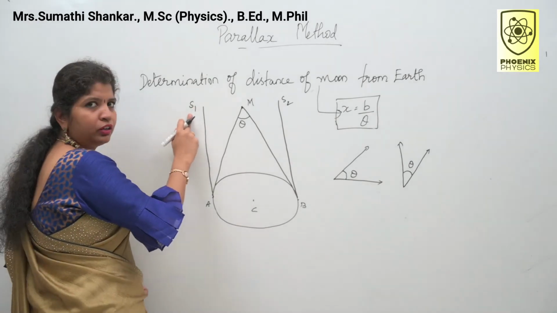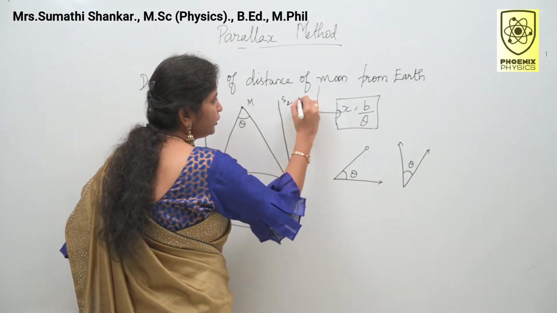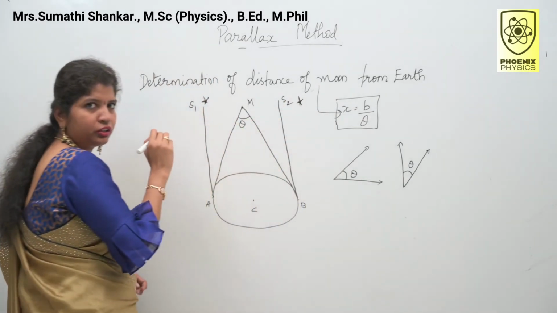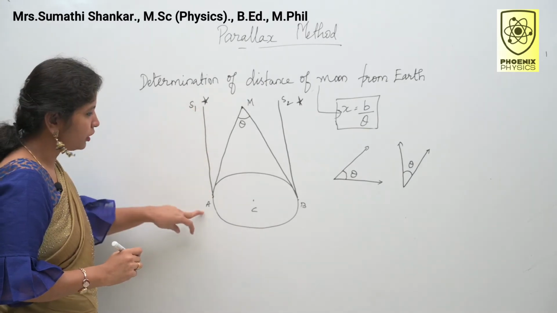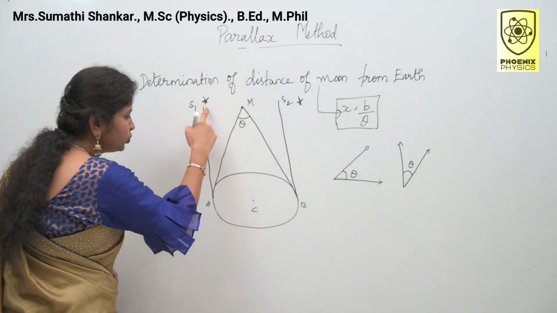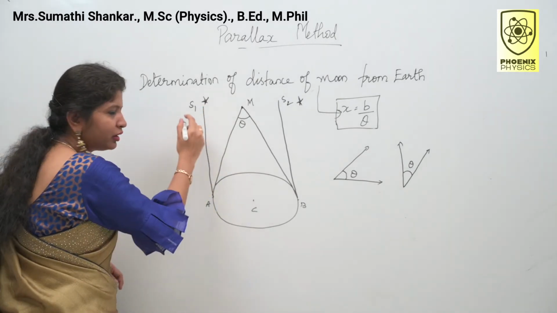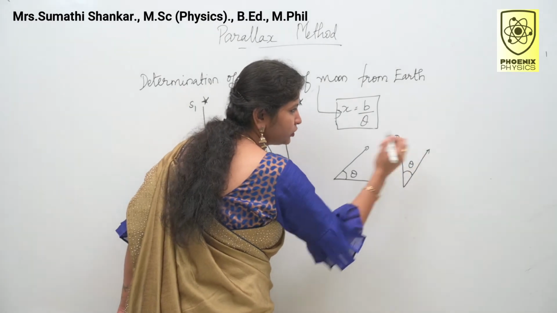S1 is nothing but any star position and S2 is another star position. Just focus on one star position from A. The line from S1 to A is our reference line, like this. This is our reference line.